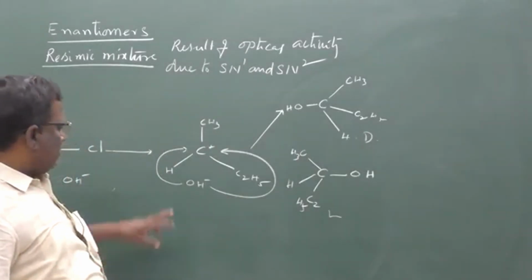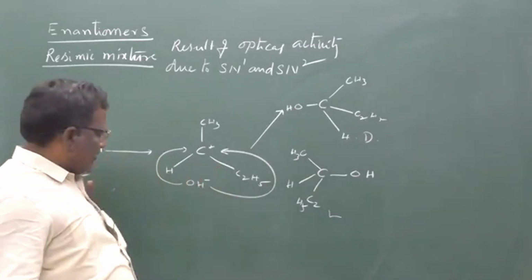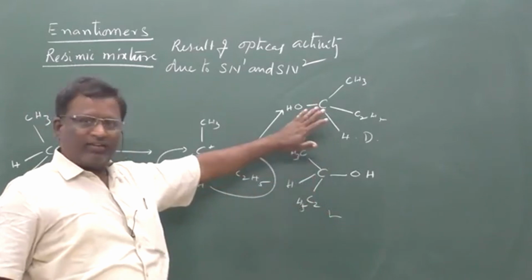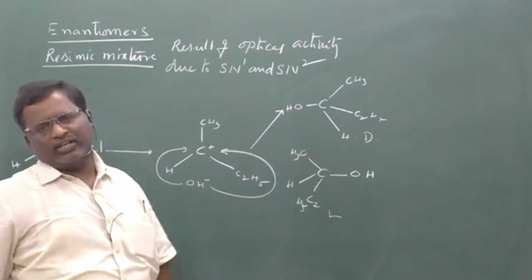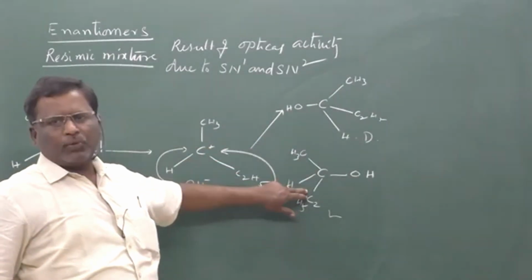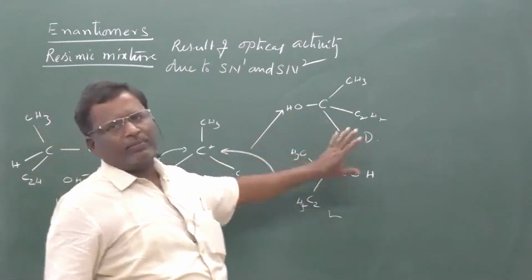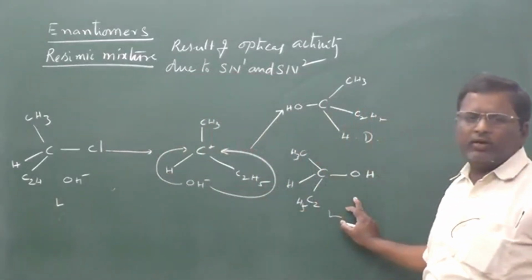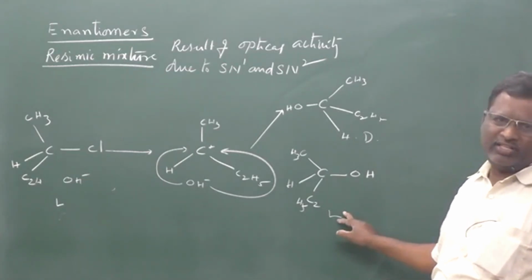That means due to SN1 mechanism, the same optically active compound may arise, or a different optically active compound may arise, or a mixture of the compounds. There is every possibility. If these two are formed in equal proportions, then a racemic mixture may form, or the same stereoisomeric compound may form, that is retention of optical activity.